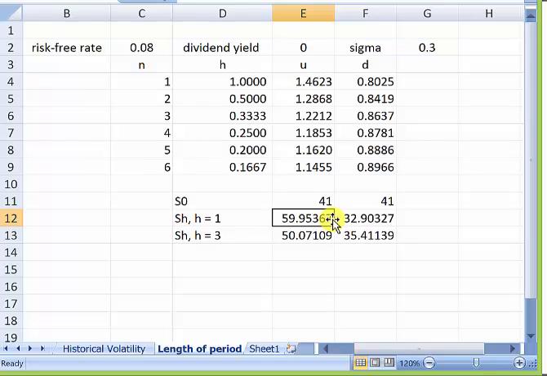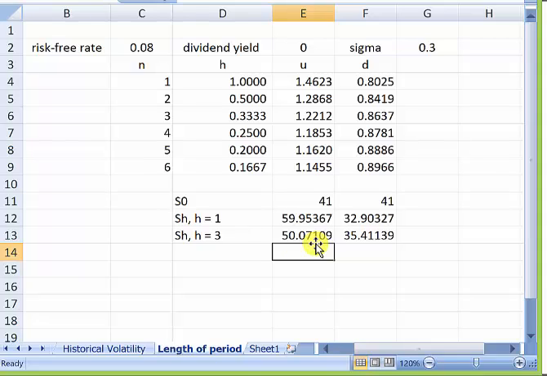So if I consider the whole period, let the underlying stock move once, starting from $41, it'll go up to $59.95 or go down to $32.90. But if I have three subperiods, and let it go one period, the range is smaller. The up state is only 50.07.